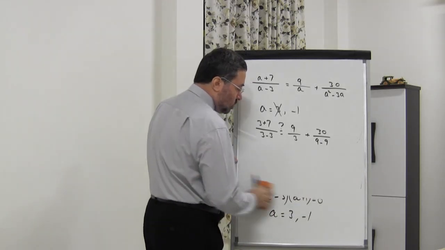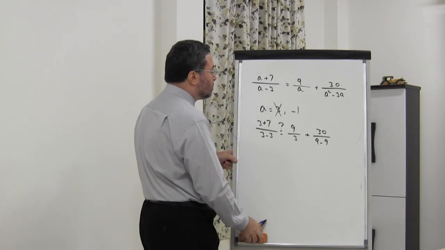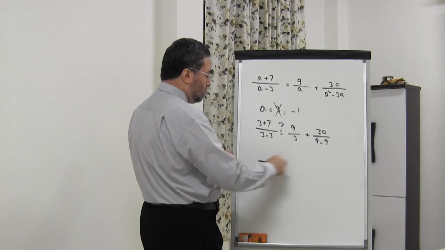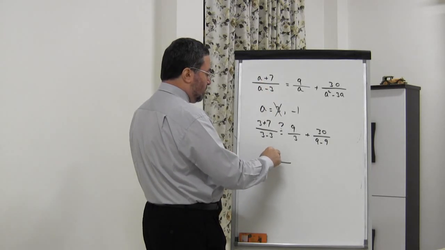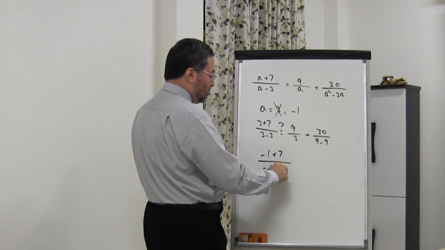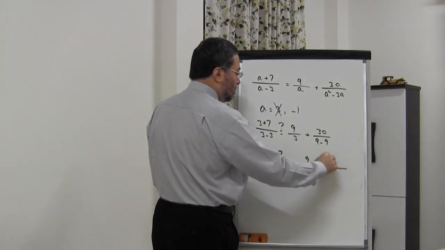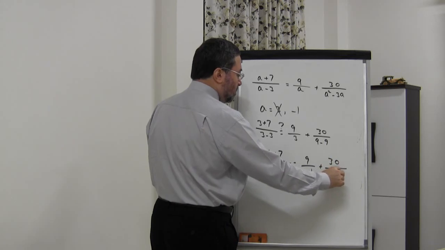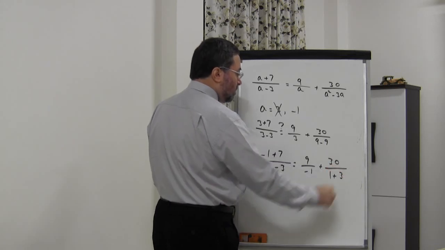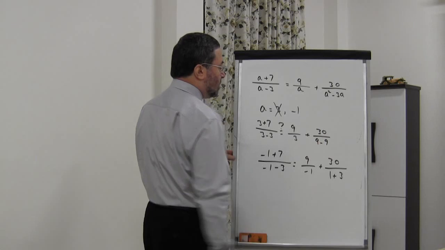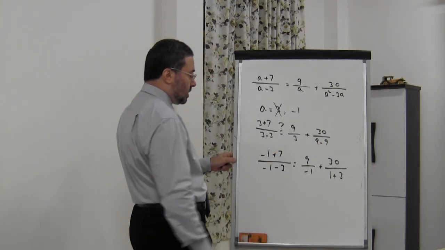Now if you try minus 1 and put minus 1 instead of a, minus 1 times minus 3 gives us plus 3.